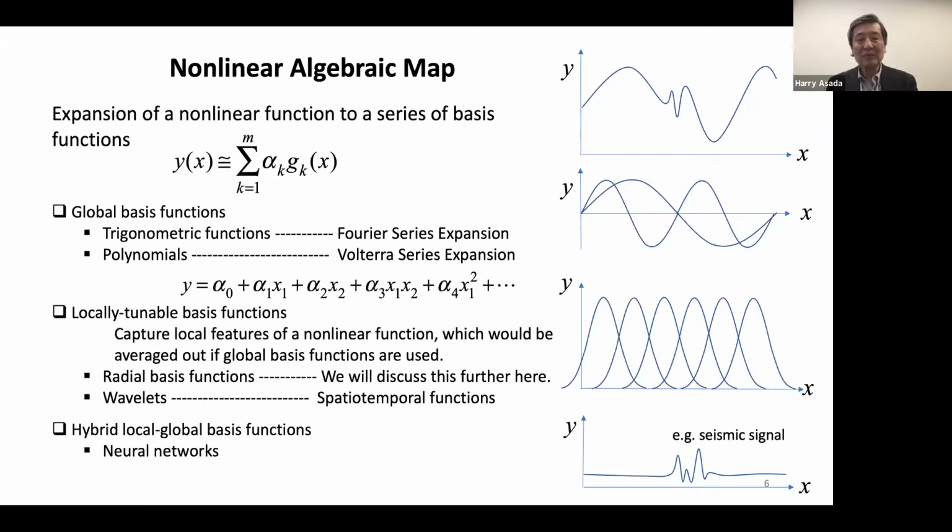It captures spatial temporal features, with short oscillation-type wave patterns, and uses a collection of these wave patterns as the basis functions. More widely used are the so-called radial basis functions, which we will discuss further today. They are something like the bell-shaped ones.